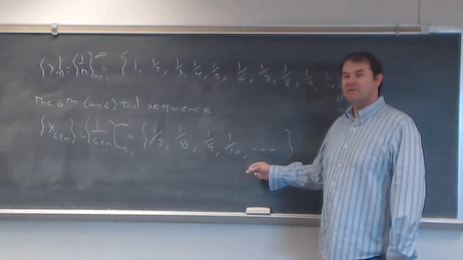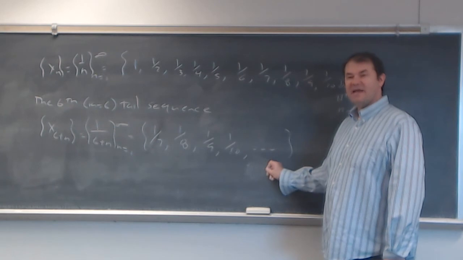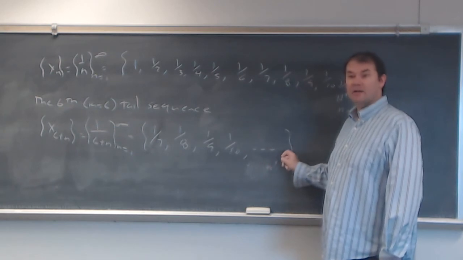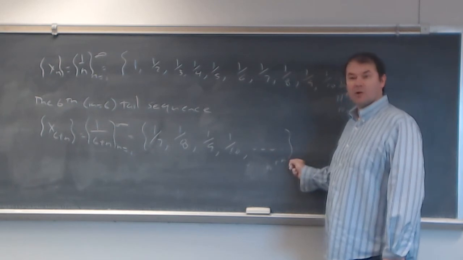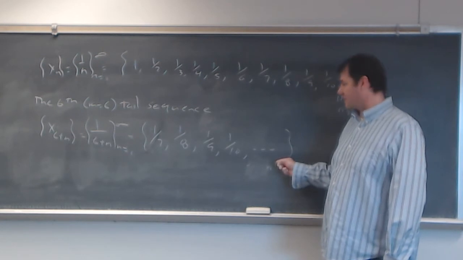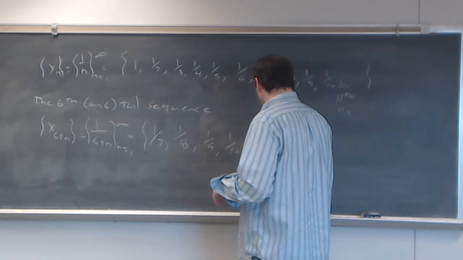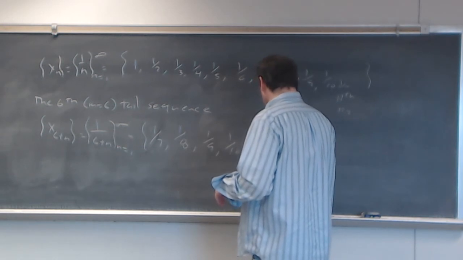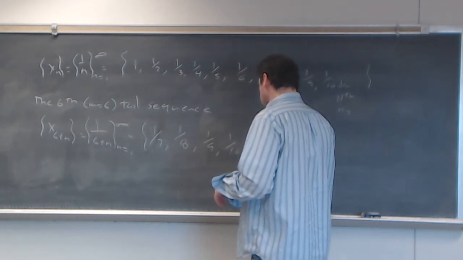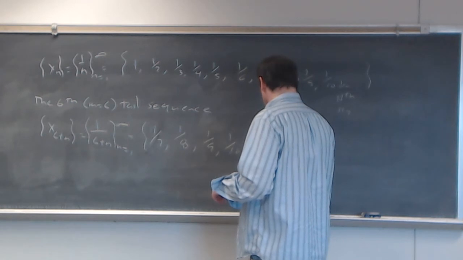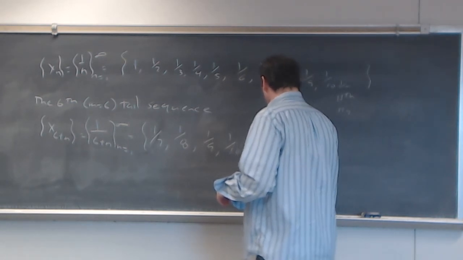But you could just say I'd still go to the kth spot here, and that's what I'm going to write. Because what if I go to the 11th spot here? What output value am I going to have at the 11th spot? I don't know. Let's see. At the 11th spot, I'm going to be 1 over 17.